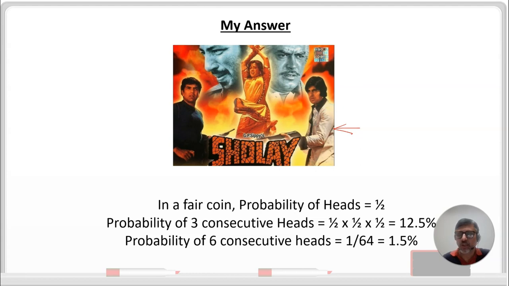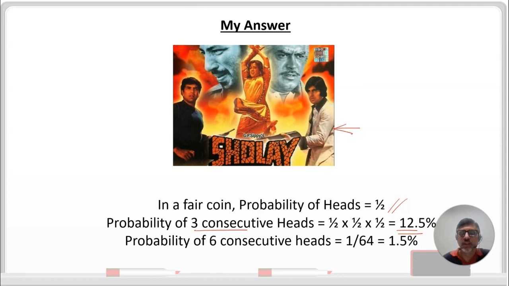Now we know that, as we saw in this session, the probability of getting heads in a fair coin is half, and the probability of getting 3 consecutive heads would be half multiplied by half multiplied by half, which is about 12.5%, which is a small number, right? It's not a large number.